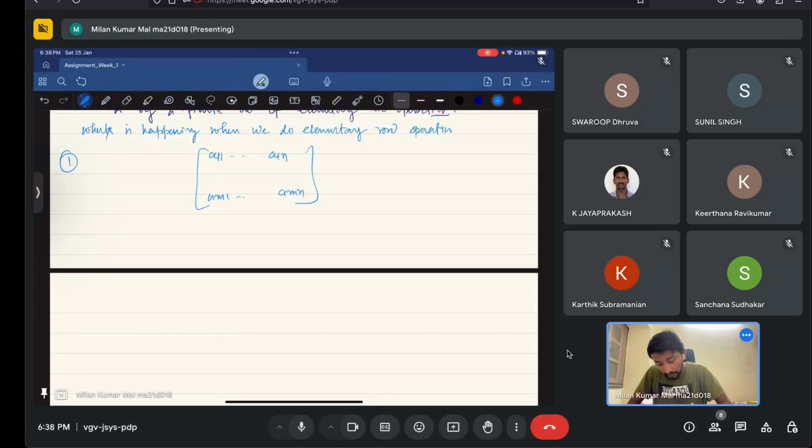That means multiplying this matrix from the left-hand side, by an m by m matrix.